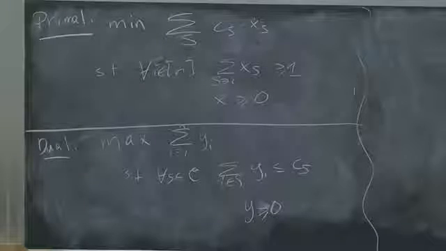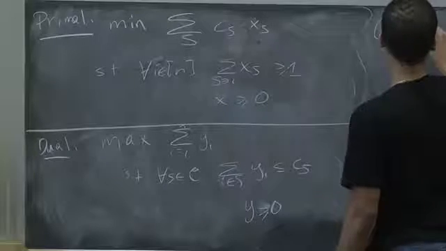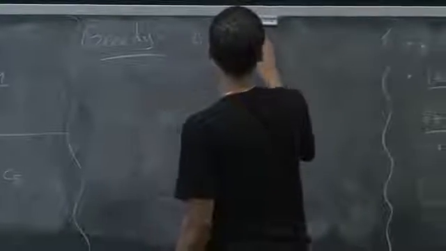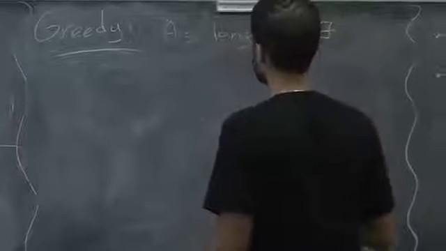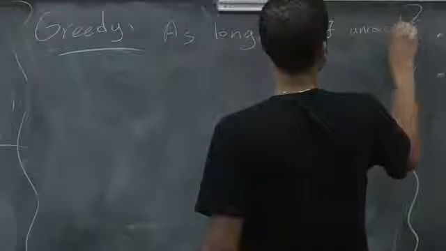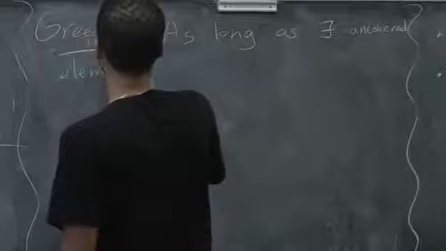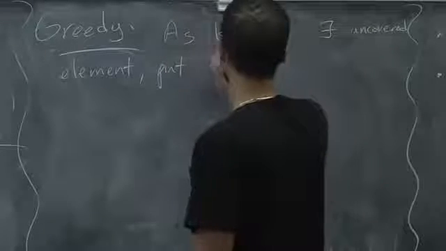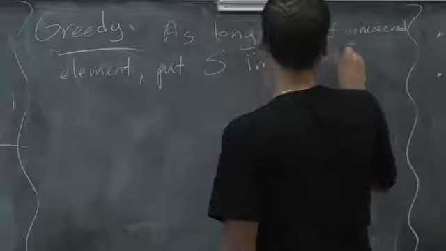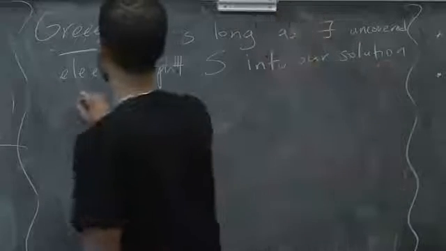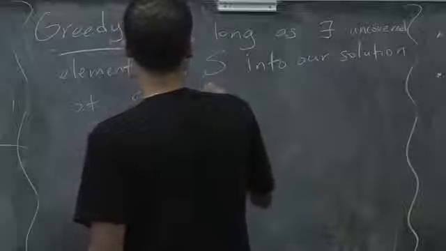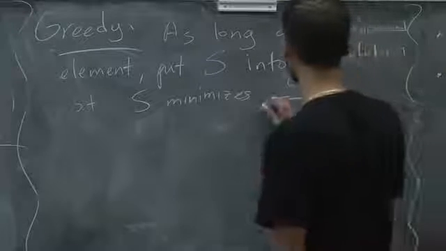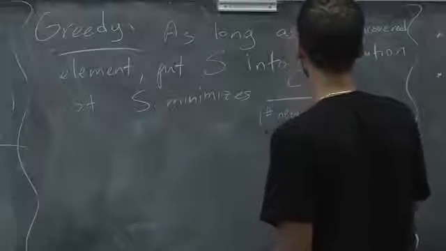Okay, so what's the greedy algorithm? As long as there exists an uncovered element, we will put S into our solution such that S minimizes the ratio between its cost and the number of new elements S covers.